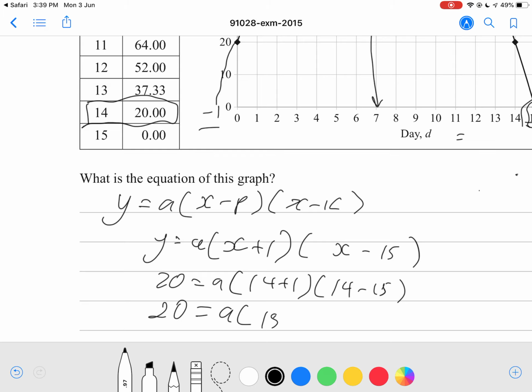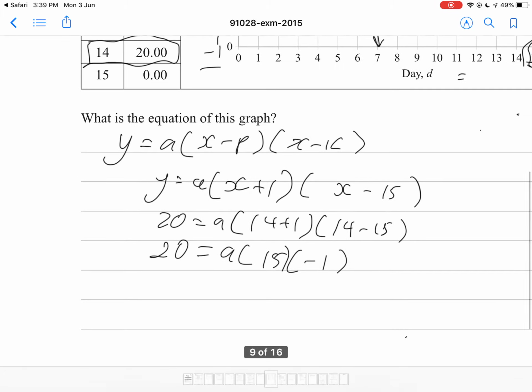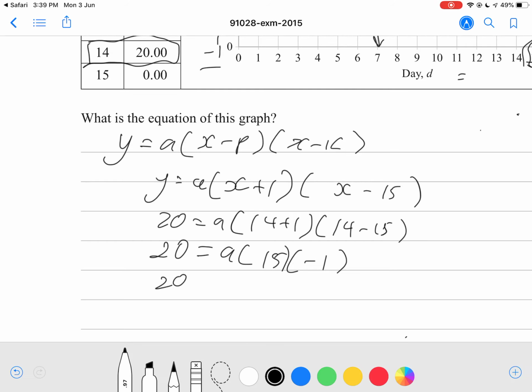Therefore, 20 equals a times 15 multiplied by negative 1. So 20 equals negative 15a, and therefore 20 divided by negative 15 should give us our a value.